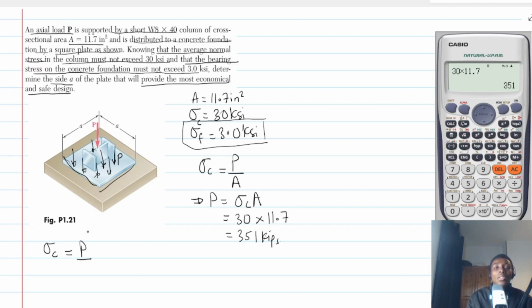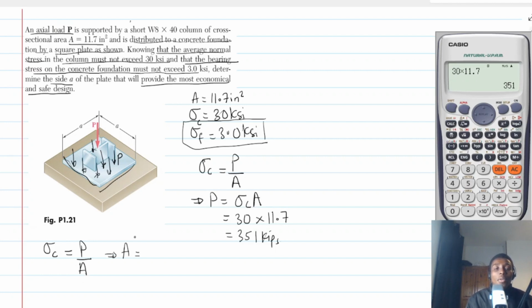All right. So we know that the load is distributed on the plate, but we don't have the area.